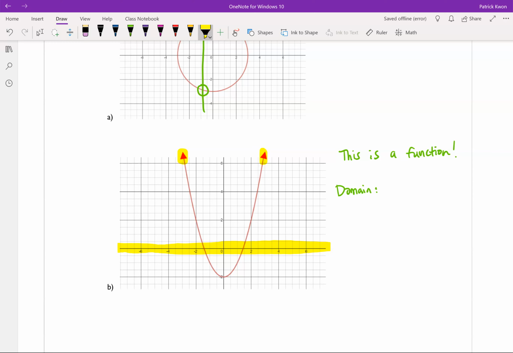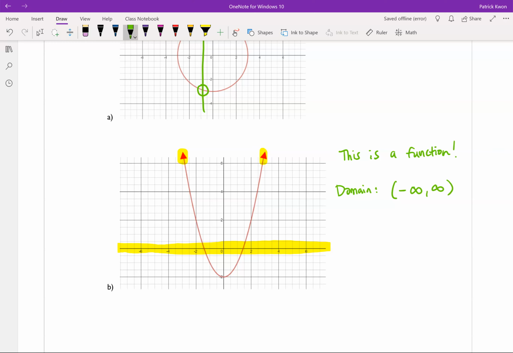And because it's continuous, which means that if I'm drawing the graph, I don't lift up my pen or pencil, that means that the domain is going to be everything. And so if we're going to write that in interval notation, it's going to look like this. Negative infinity to positive infinity, like that.